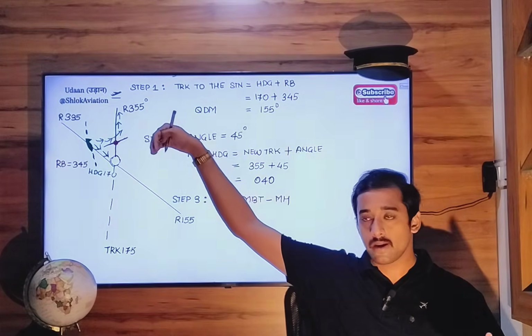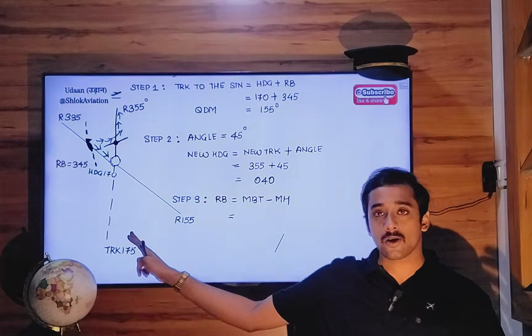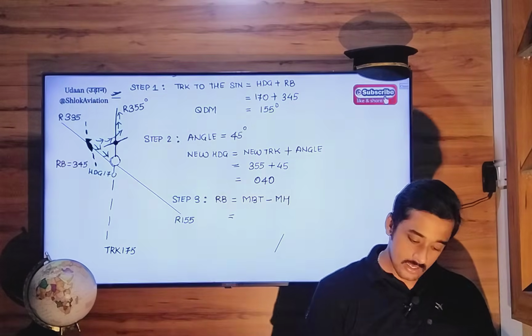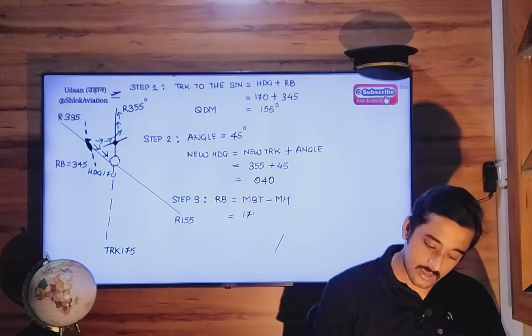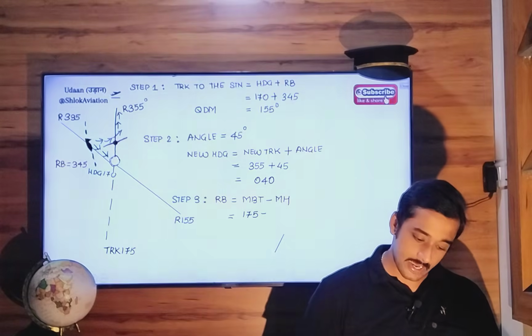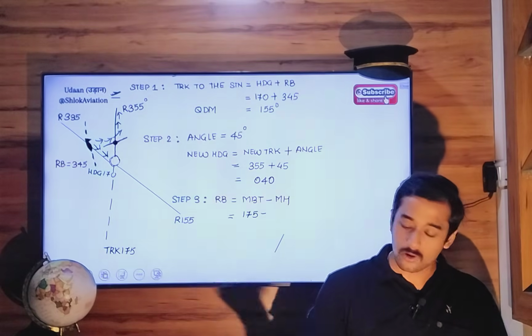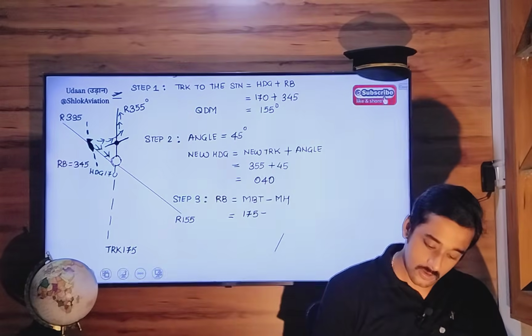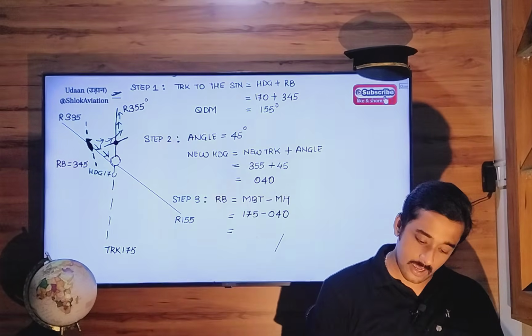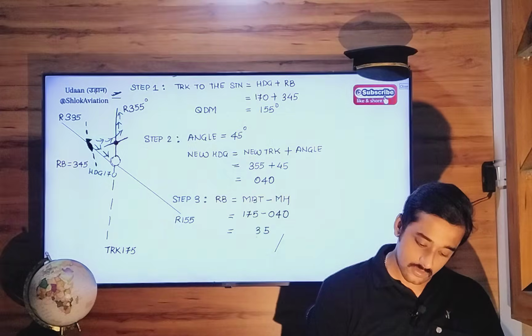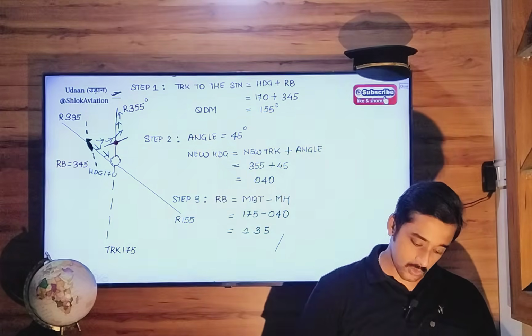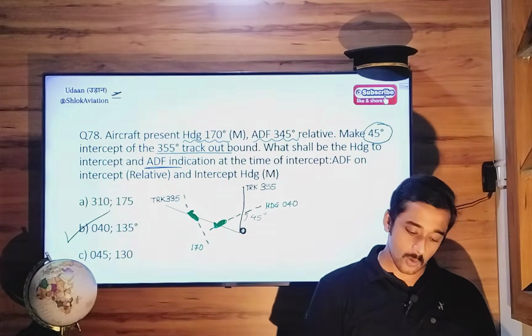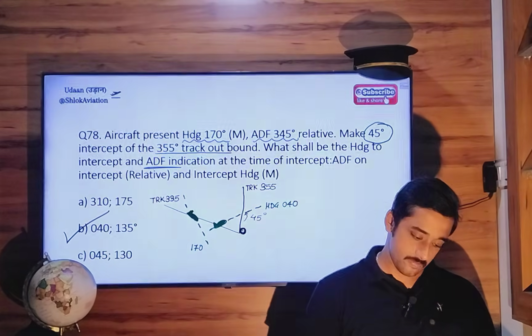If you choose to come inbound, you will fly a track of 175 inbound. So I'm going to substitute 175 here. Magnetic heading of your aircraft. What is the new heading? It was 040. So 175 minus 040 is 135. So correct option is option Bravo.